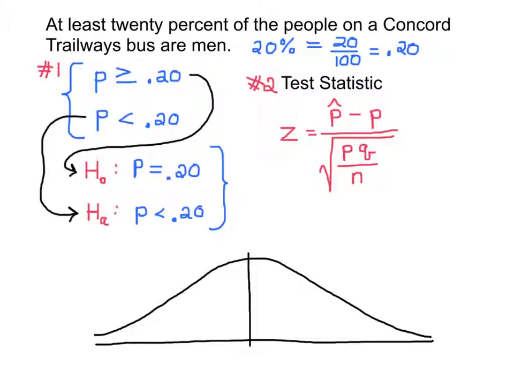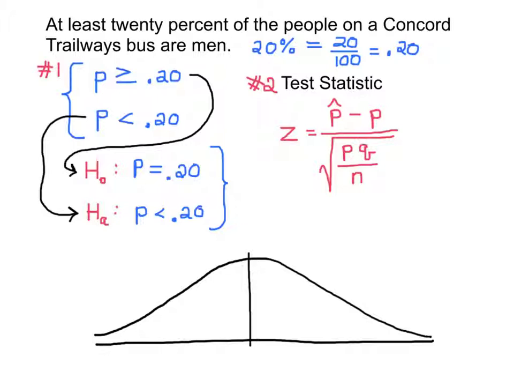And we're going to find out where our test statistic lies. This z-score is going to be a value that sits somewhere on this x-axis, on this normal distribution.